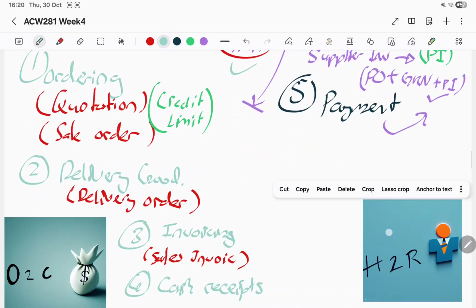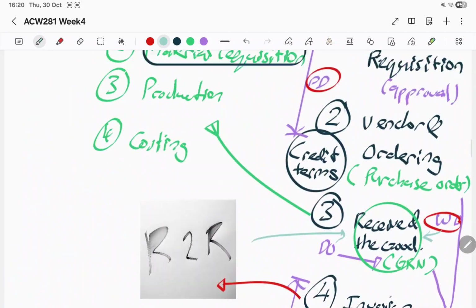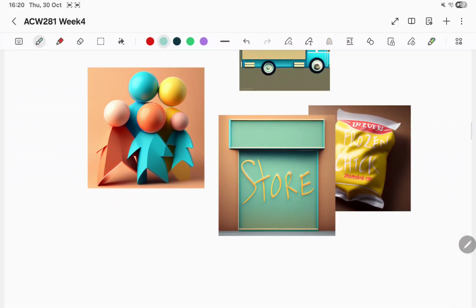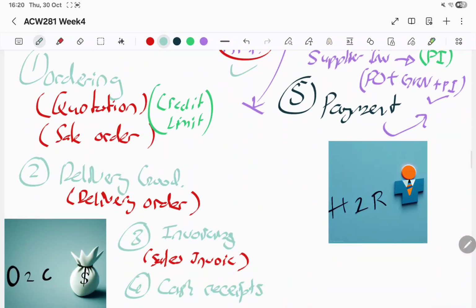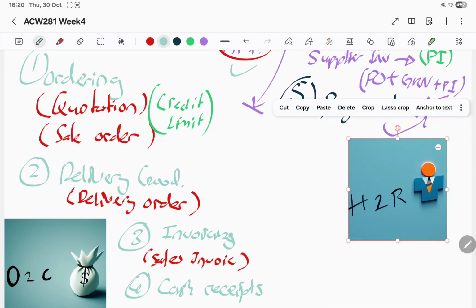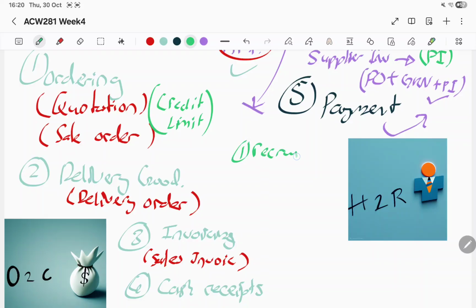You got the hire to retire. This one in a bigger business, what will happen? The same thing, right? You will still recruit. Number 2, you're going to record their time.